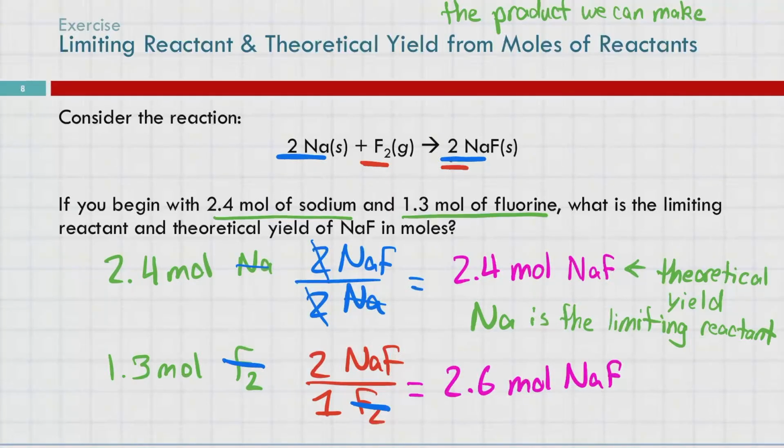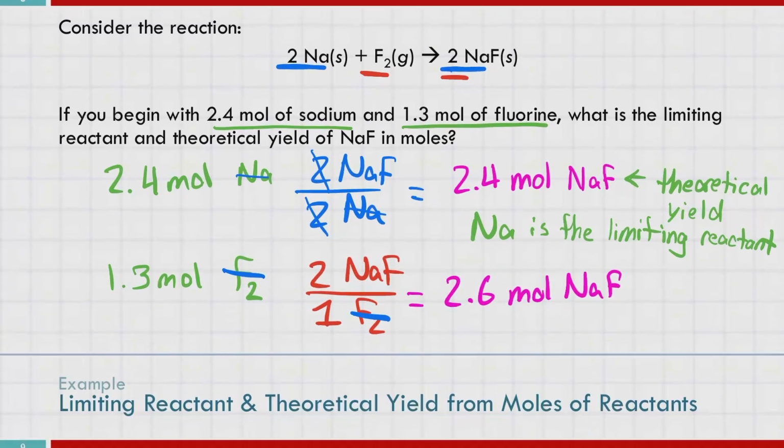If one's bigger, the other is going to be bigger. You can stop here and save yourself one more step, or you can go all the way to grams. It really doesn't matter. Either case will get the same limiting reactant and theoretical yield. If you're looking for a theoretical yield in grams, you will have to do that extra step, but it's up to you.